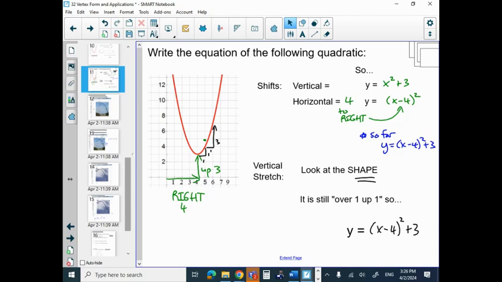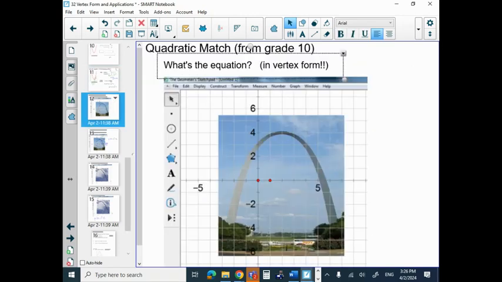To tie back to things you probably saw in grade 10, you might have done quadratic matches and quadratic regressions and so on. From this picture, if we had this grid superimposed on it, we could identify the vertex really easily as being over 2 and up 4.